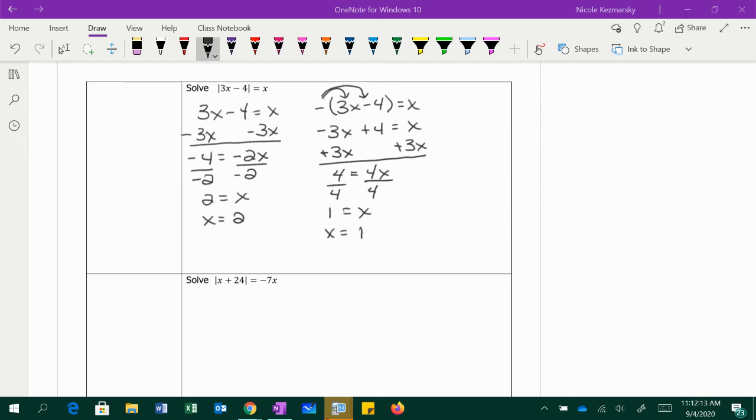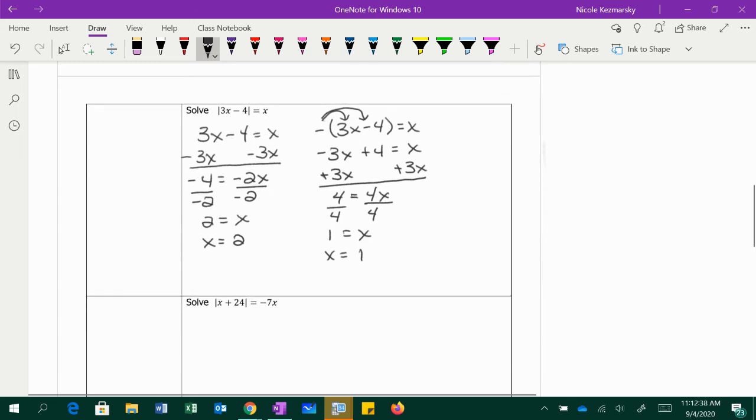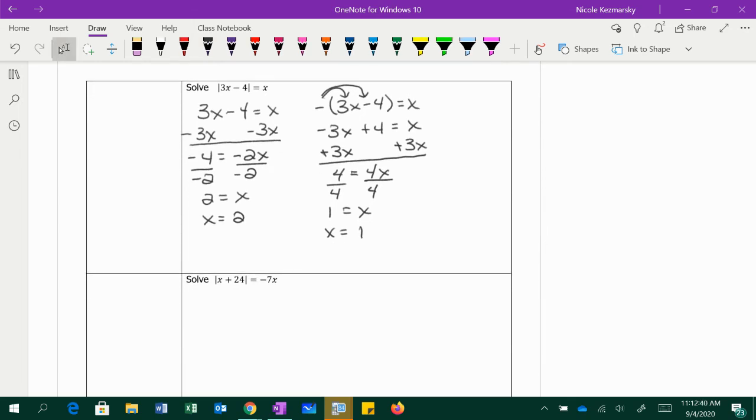The other value is a 1, and if I put that up there where the x is, that's okay. So both of these answers are okay. If one of them had been negative, I would have a problem because absolute value can't equal a negative. Now, I'm not saying that you can't get negative answers because remember on the one above, we got -7 and -7/3. That was okay. But because this one has an x on the right-hand side, then you always have to check. And we're going to see that in the next example.